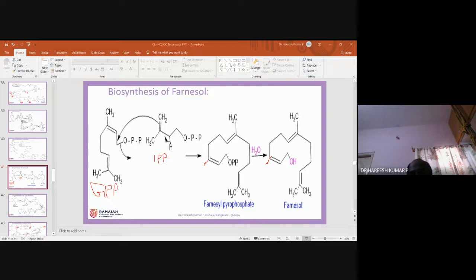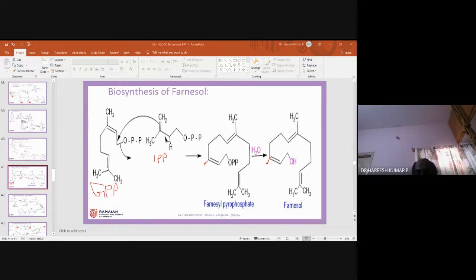How the cyclization? There will be one more six-membered ring formation here. You can observe that this is one carbon, second carbon, third carbon, fourth carbon, fifth carbon, and then sixth carbon. So that means there will be a new bond formation between this carbon and this carbon, and this double bond moves over here, and this OPP will go out.